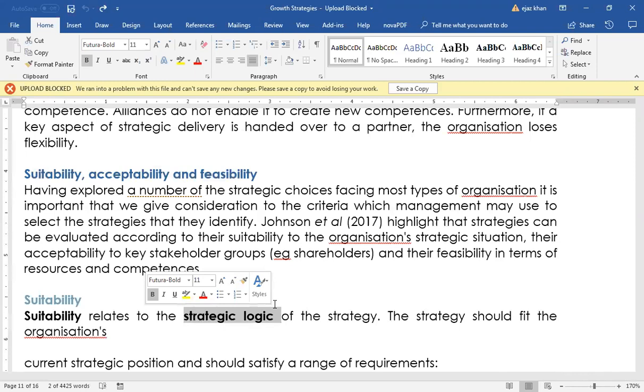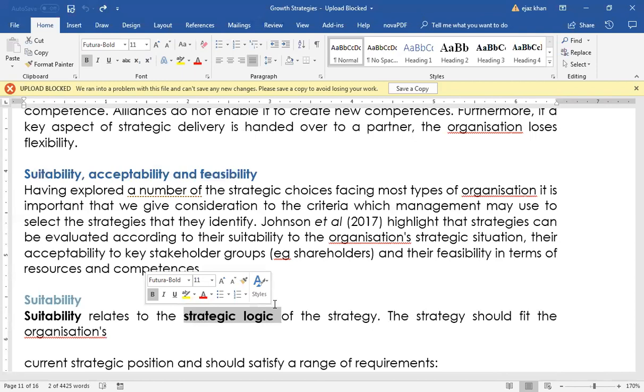For example, if a company is trying to move towards online offerings, it wants to offer its products online, but let's say its marketing team is not well versed with online marketing strategies.